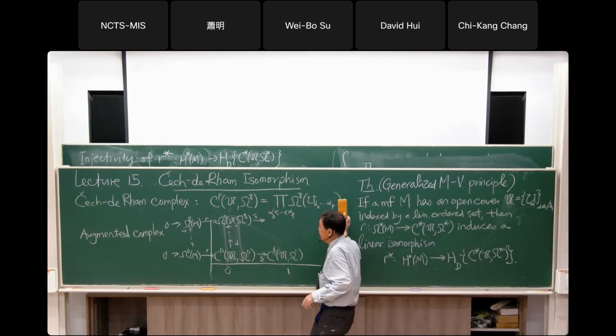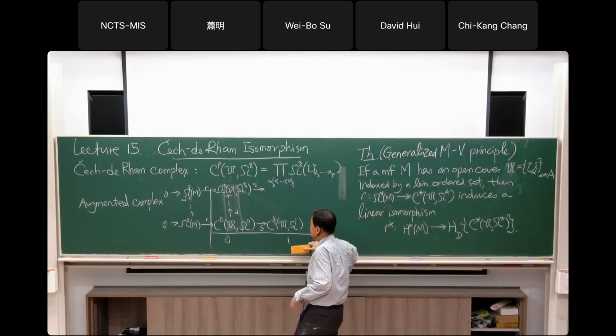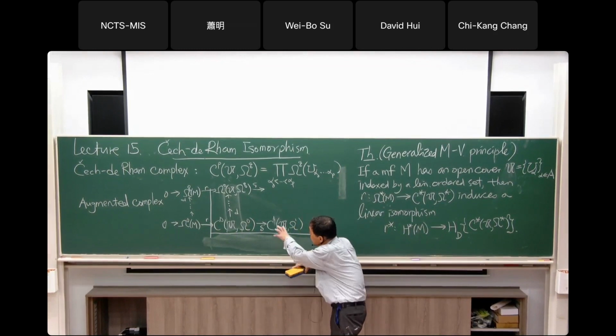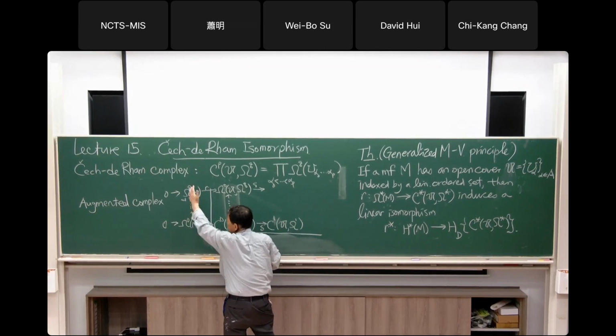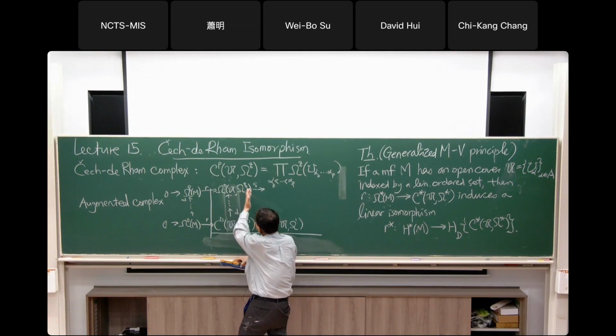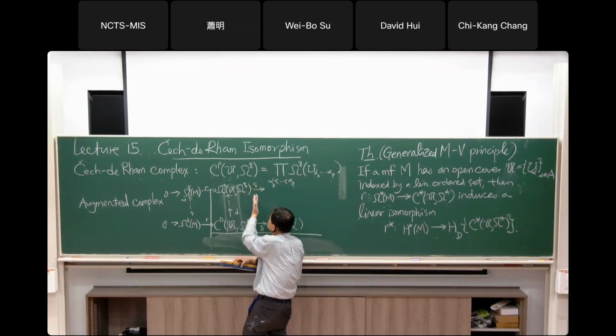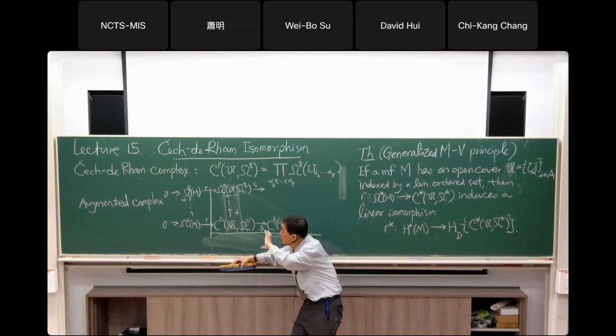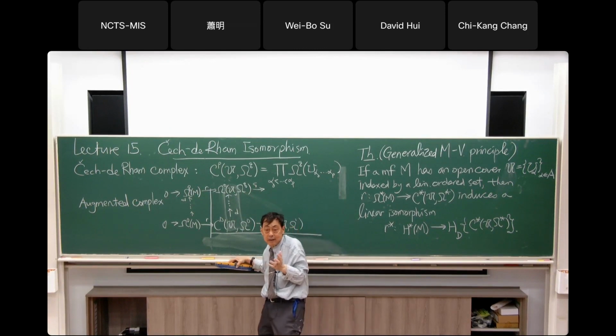We look at this double complex, and we have augmented it by a column that is the kernel of the first difference map. But when you have a double complex, whatever you do to the columns, you can do to the rows, right?